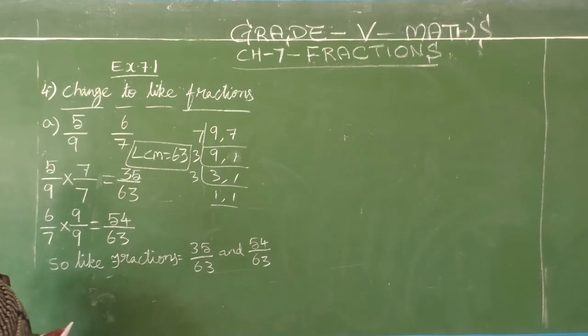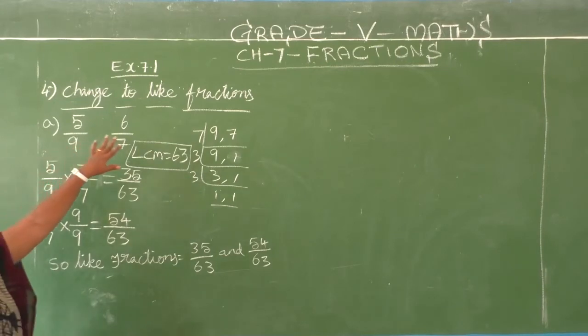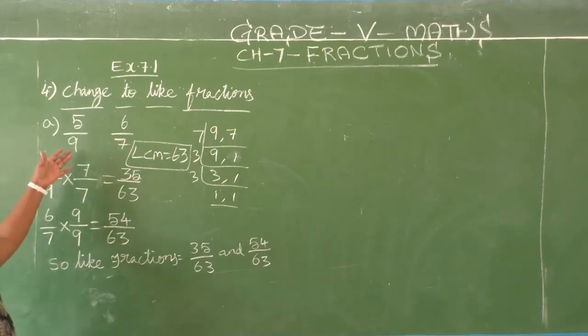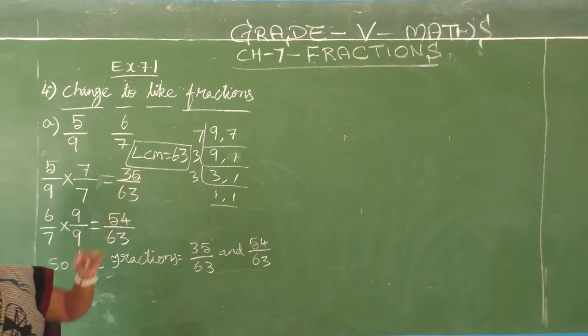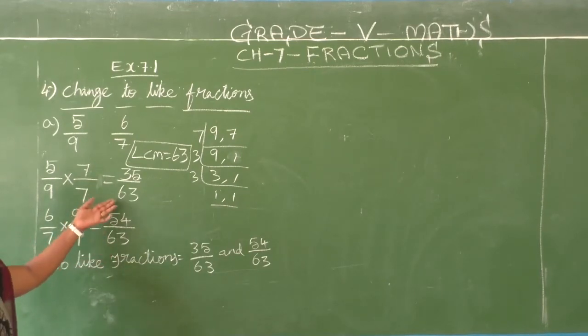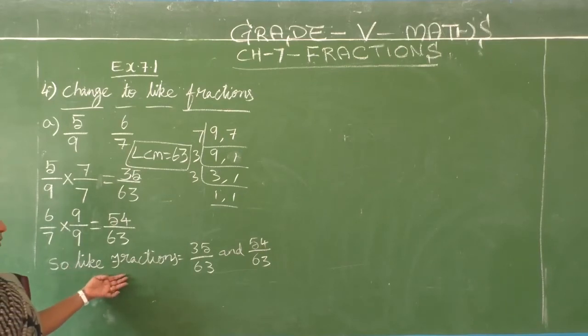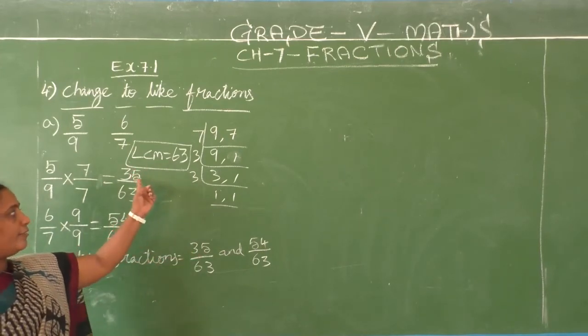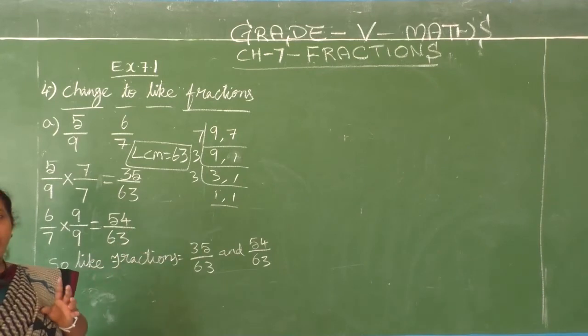So whenever they give fractions and ask to change into like fractions, you have to take the LCM of the denominators. Why do we take the LCM? Now only can we make the denominators the same. For that purpose only we are taking LCM. After that you have to take each fraction and make equal denominators. That's all. So like fractions are 35 by 63 and 54 by 63.